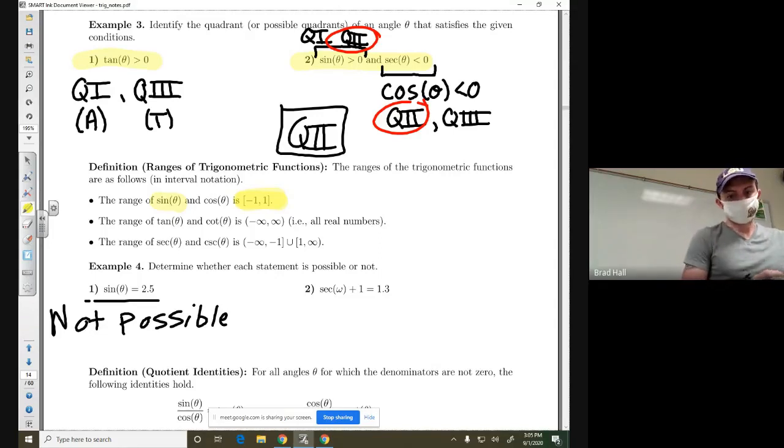So for question 2, I think question 2 is fairly interesting because secant is not isolated. Because you might see secant in 1.3 and think, okay, that's fine because secant can be greater than 1. But we have like terms.